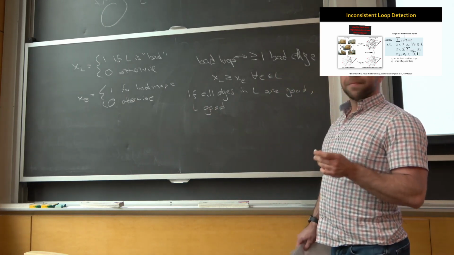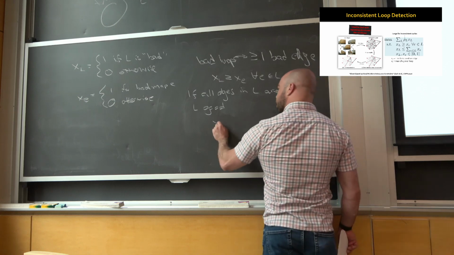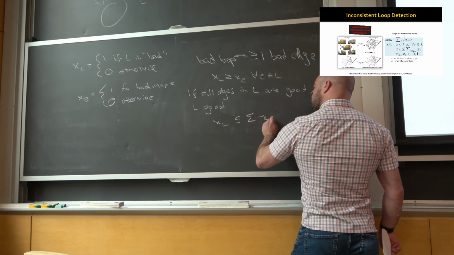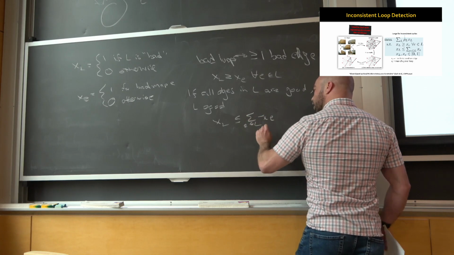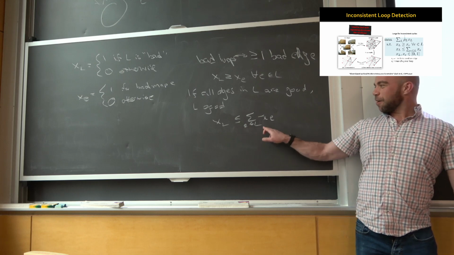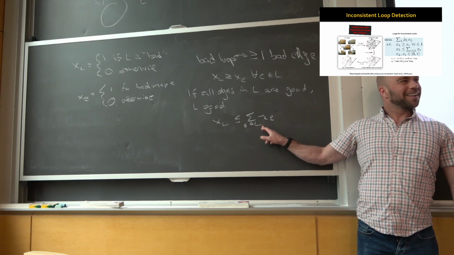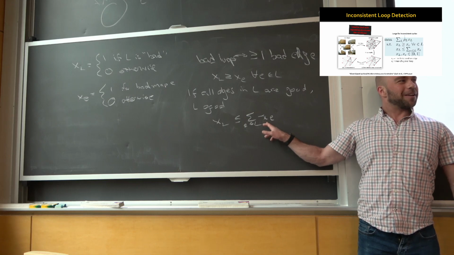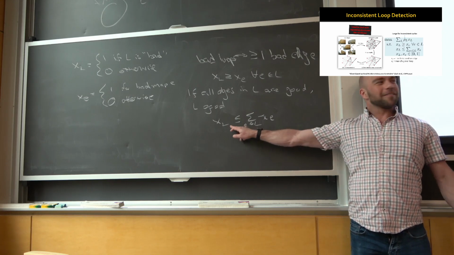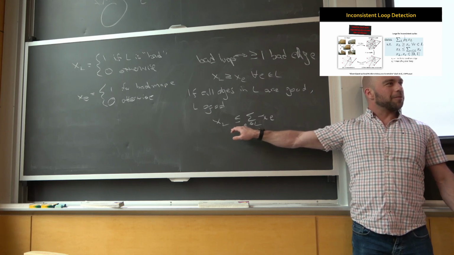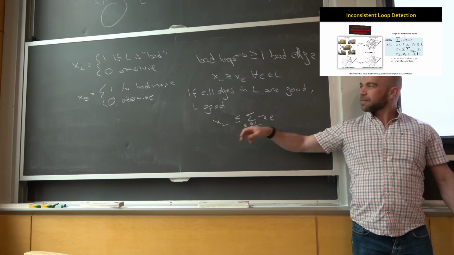One way to do that is to say that X_L is less than or equal to the sum of X_E, where E is in L. Because again, this only works for binary variables. If I go over my loop and all of these things are binary, then I'm just going to have a bunch of zeros if all of the edges are good. This thing is also binary, so 0 is less than or equal to 0. So this is going to label this as a good loop as well. Does that make sense? Did I get this right?